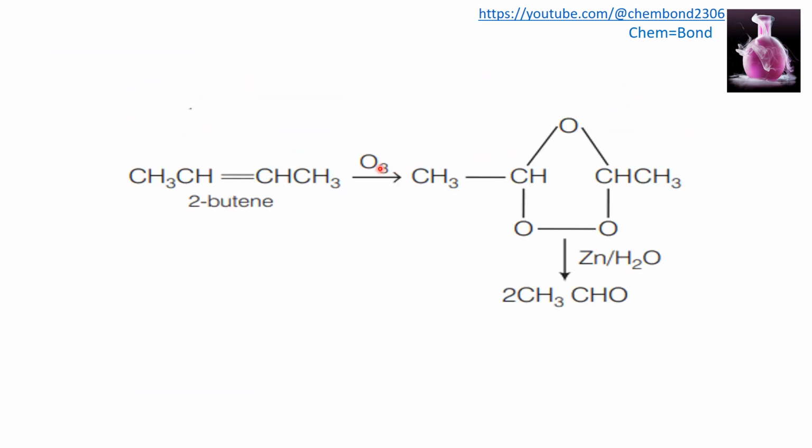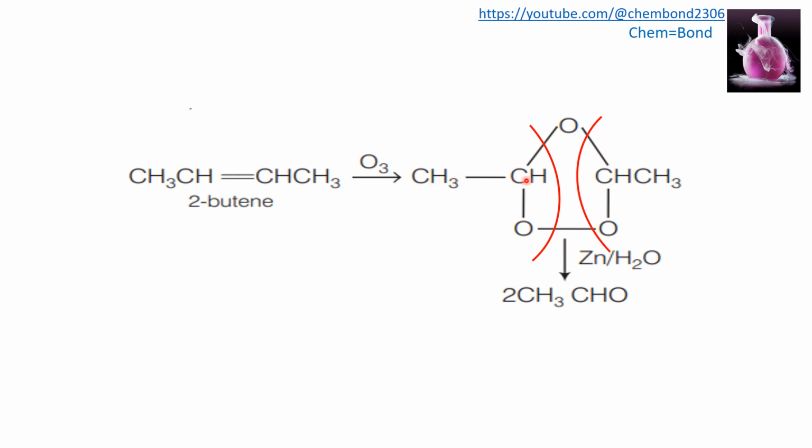The molecule of ozone will attach itself to the double bonded carbon atoms and produce ozonide. So this molecule is ozonide. Ozonide, in the presence of zinc and water, will split the bond at this side and this side. The oxygen will react with zinc and produce zinc oxide.